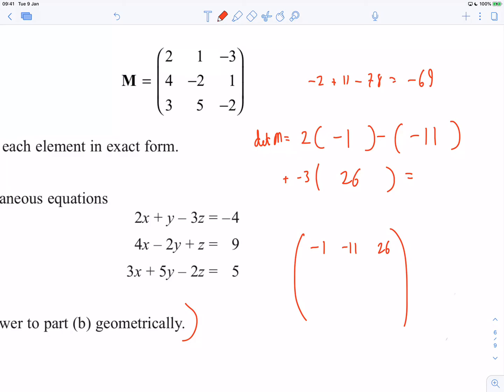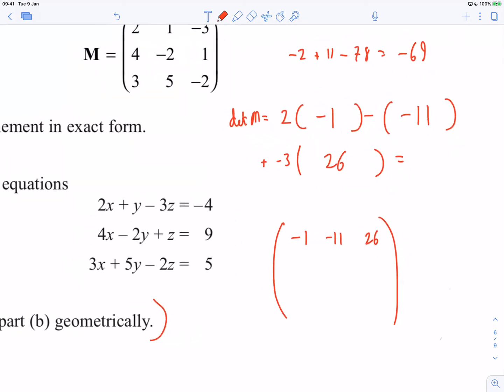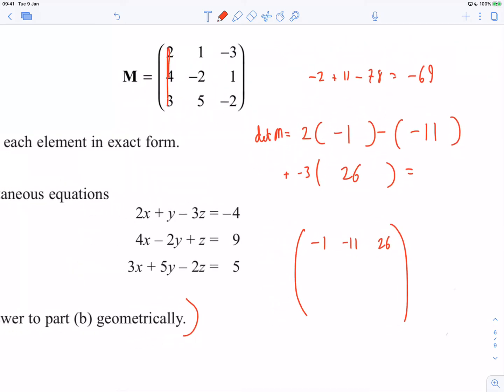Okay. Now I'm looking at the matrix of minors. So from the 4's perspective, I've got 1 times minus 2, which is minus 2, minus 3 times 5, so that's plus a 15. So that's going to be a 13. From the middle, I've got minus 4 minus a minus 9.